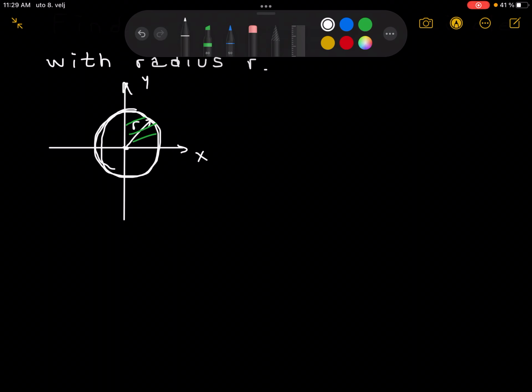So the general equation for a circle is x minus the x coordinate of its center squared plus y minus the y coordinate of its center squared is equal to its radius squared.